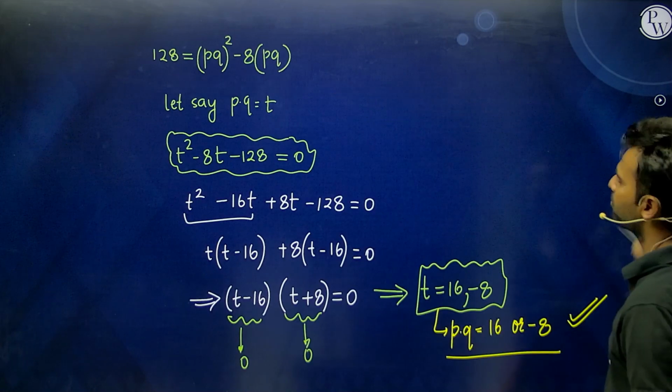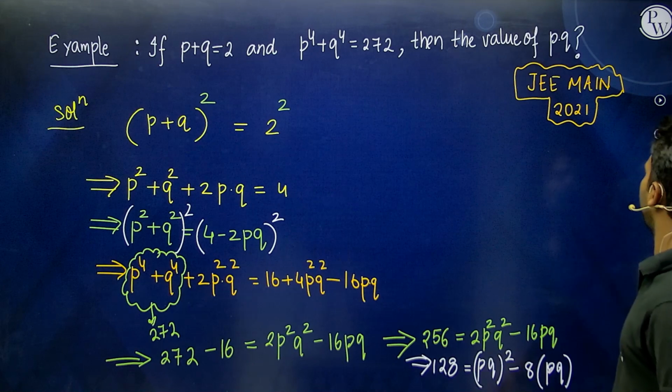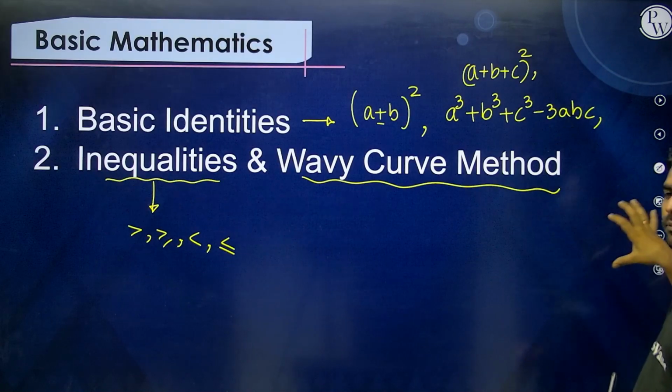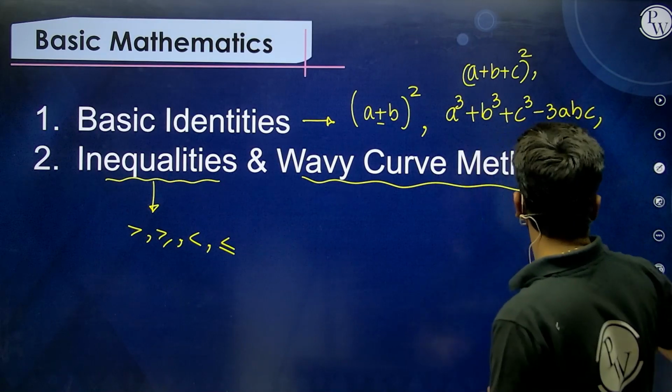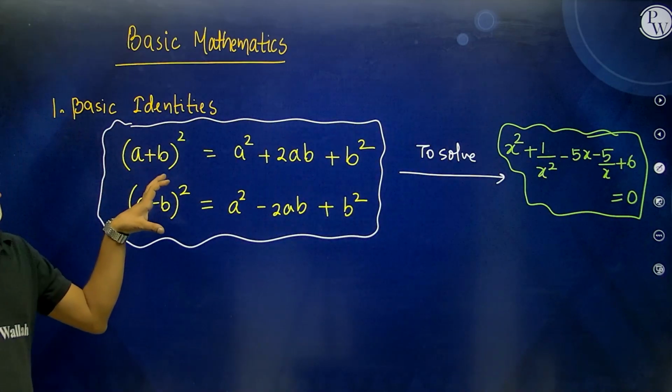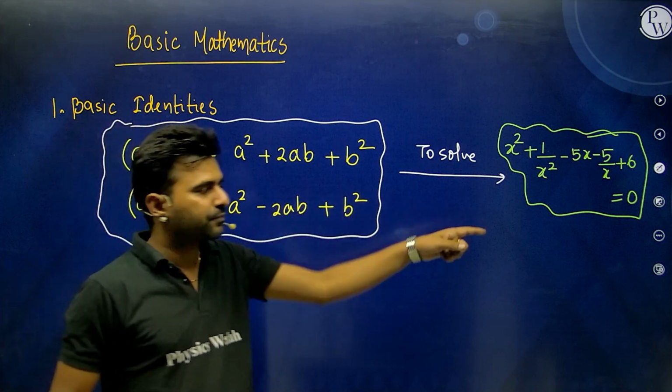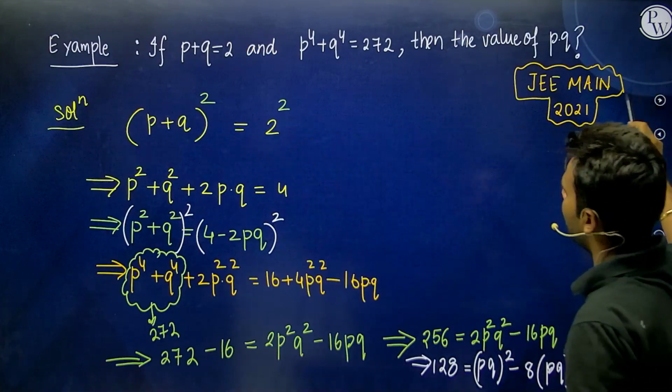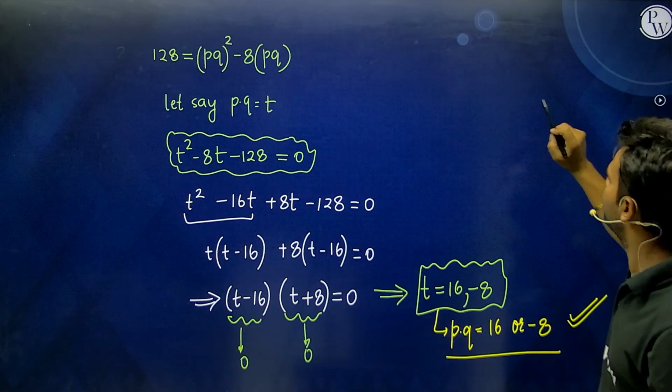If you remember, I told you in the beginning that if you want to solve these kind of a bit tough looking problems, we will be using these identities. So in order to solve this question, we need few concepts like these two equations.